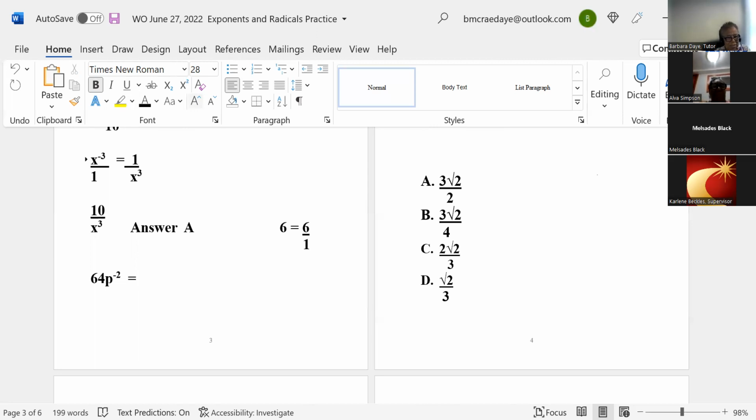What would you say that's equal to? We are still on 4? No, Mercedes said she needs some more of these, so I'm putting one up here to practice. I'm giving you 64p to the minus 2 power, and I'm asking you, what is that equal to? Mercedes says 32p to the second. What would you say?